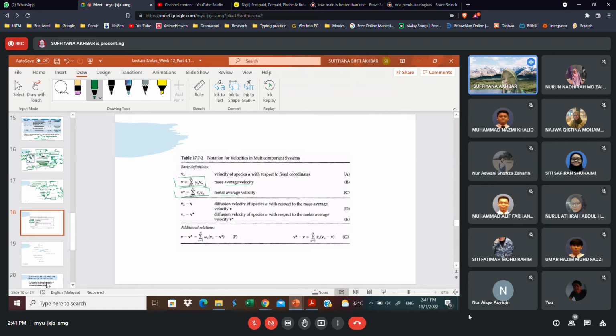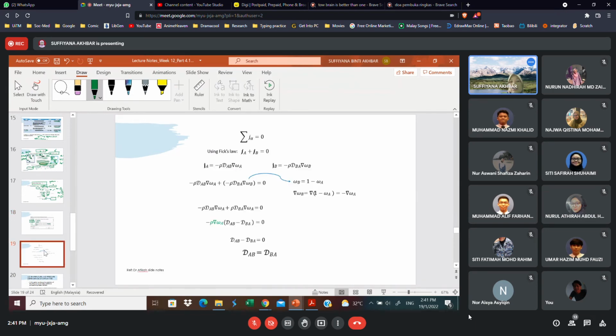Ni mass fraction, this molar fraction. And V alpha minus V maksudnya diffusion velocity of species alpha with respect to the mass average velocity. Kalau V star here means the diffusion velocity of species alpha with respect to the molar average velocity.